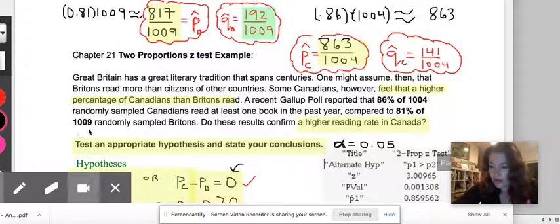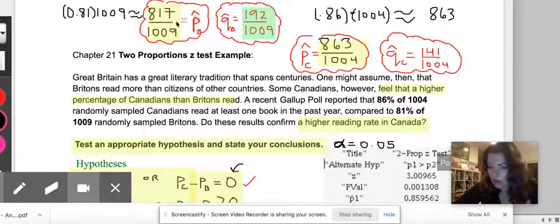It's very simple math: 81% of 1,009, you could just do 0.81 times 1,009, and you'll get approximately 817. So the proportion of Britons who read is about 817 out of 1,009.